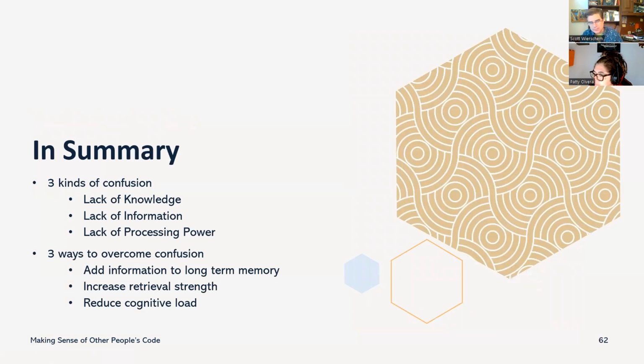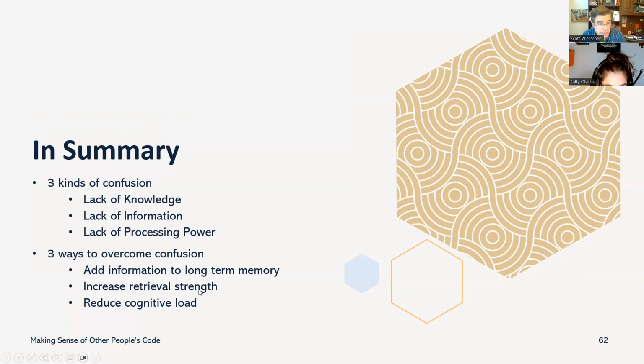Okay. So in summary, what we've talked about, there are 3 kinds of confusion: lack of knowledge, lack of information, lack of processing power. I don't know anything about it. I don't know enough about it, or I can't keep it all stuffed in my brain. 3 ways to overcome the kind of confusion: add information to your long-term memory by going through using the flashcard tools.